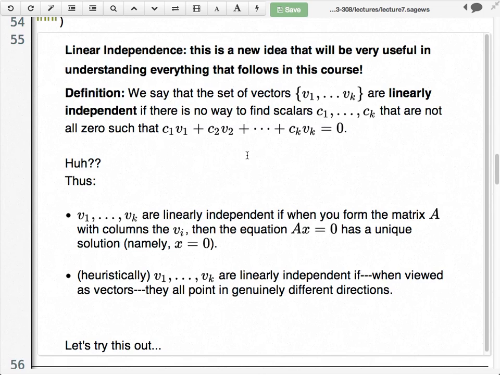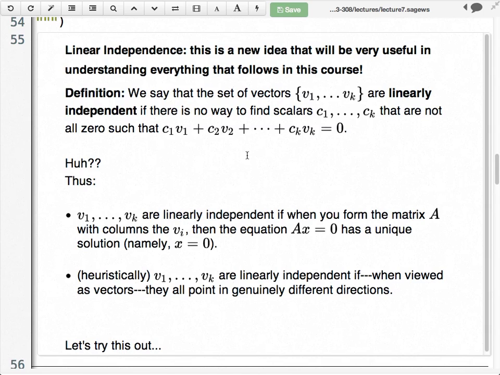So if c1 or c2 is not 0, then you have this with c1 not equal to 0. Then you can just rescale, and you end up seeing that v1 is minus c2 times v2. So v1 is a scalar multiple of v2. But it just isn't. Look, v1 is not a scalar multiple of v2. So you get a contradiction.